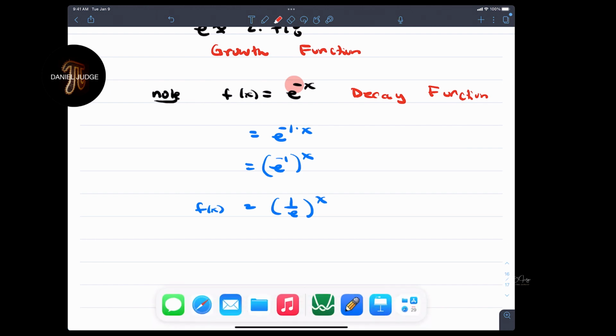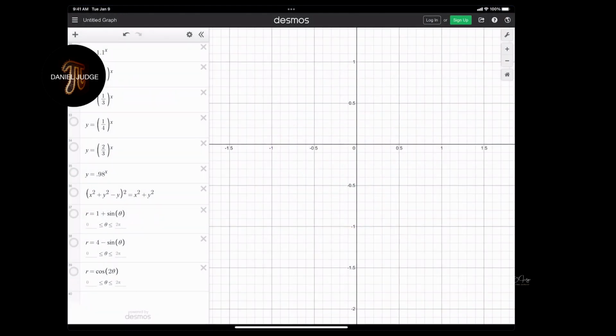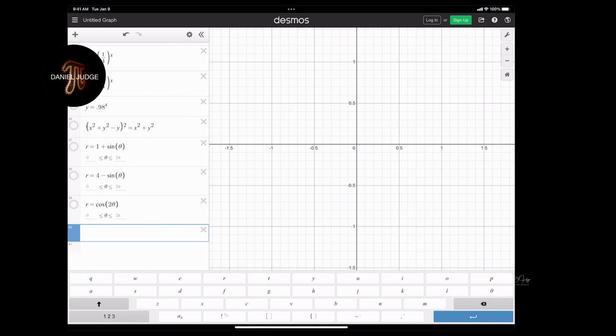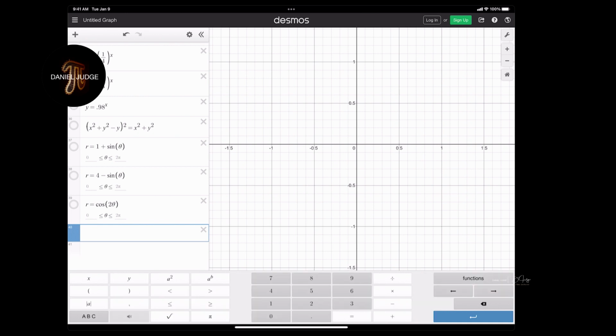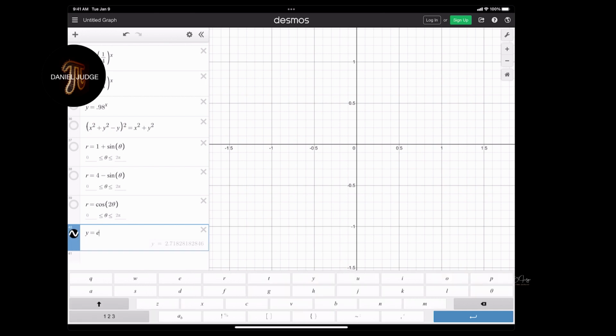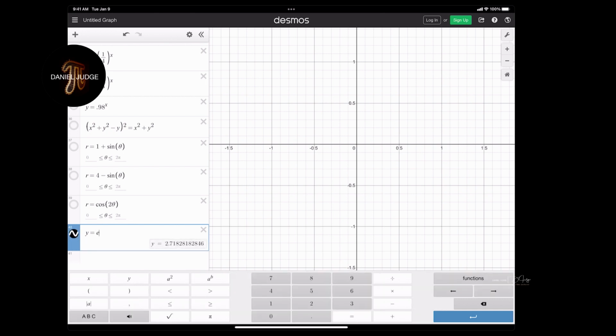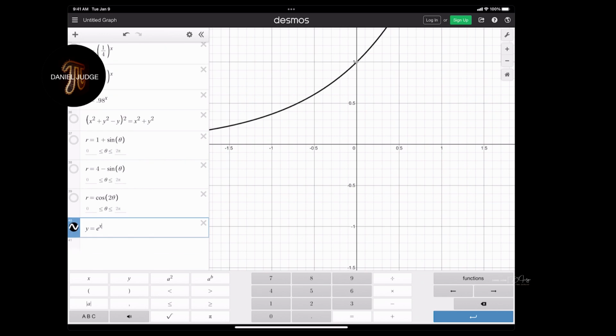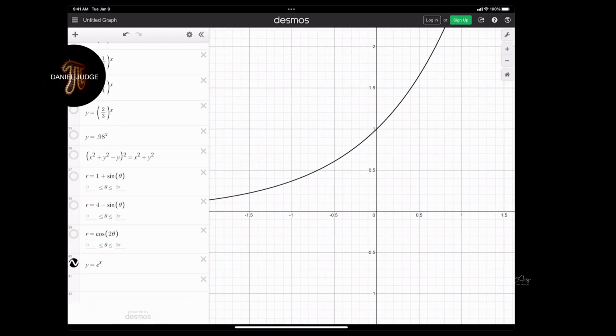And so even if you said, hey, Desmos, do you know about these functions? Do you know about e to the x? Desmos will say, I sure do. y equals e raised to the x. There's your e to the x function.